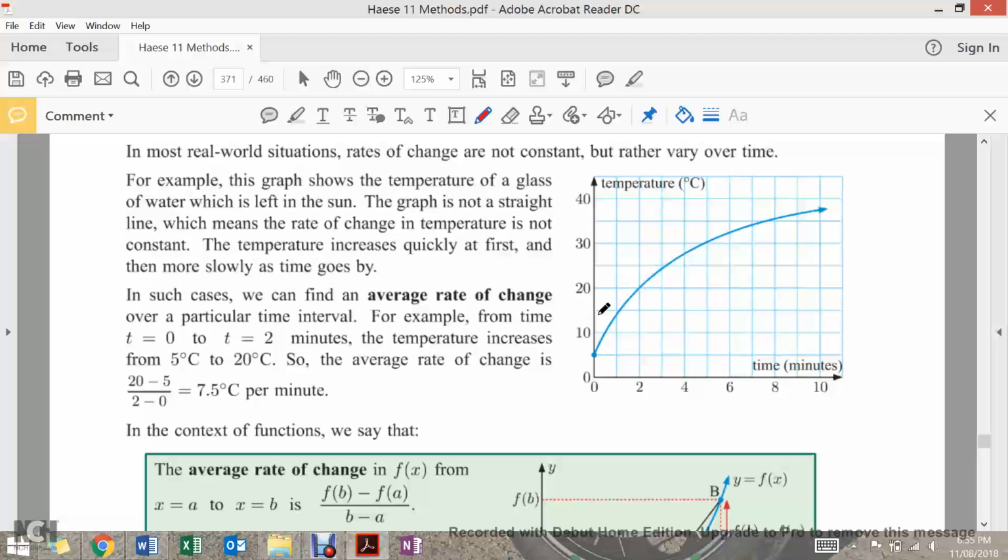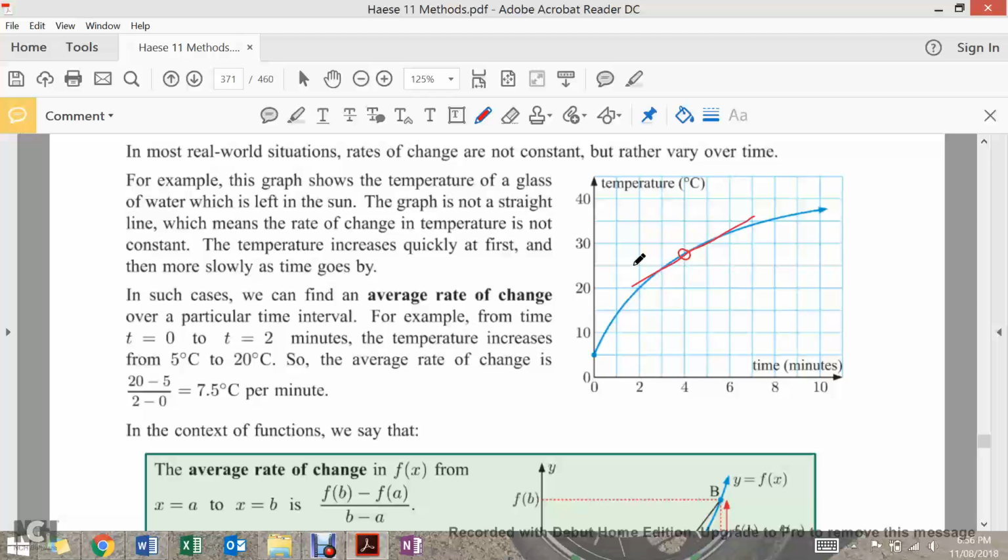How much is the temperature increasing each minute? If I want to know the rate of temperature increase at 4 minutes, first of all, it's not that I draw a line across and it's 27 degrees Celsius per minute. That's not how it works. We need the slope of the line at that exact point, and that will tell us the rate of change.